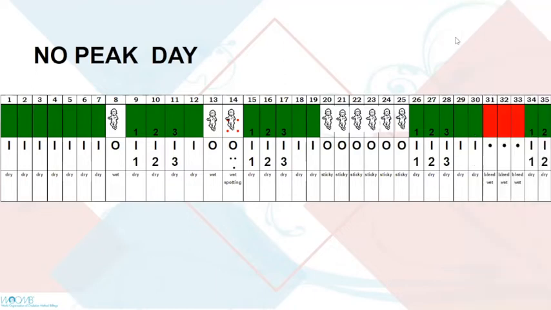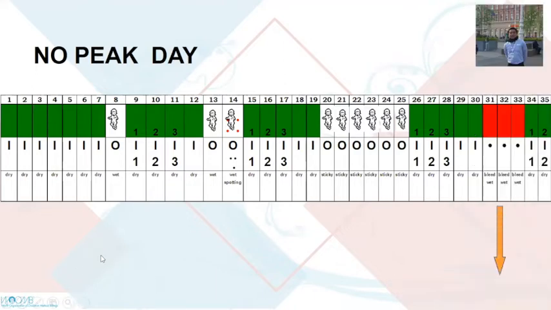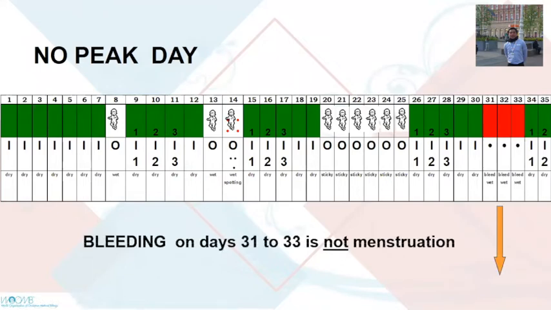Again, this is a withdrawal bleeding. Let me check. So 31, 32, 33 is not menstruation. It is a sign of abnormality that requires medical attention if you are not a perimenopausal mother or a breastfeeding mother, or if you are not within the teenage years.